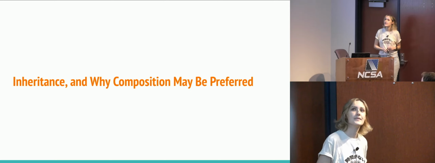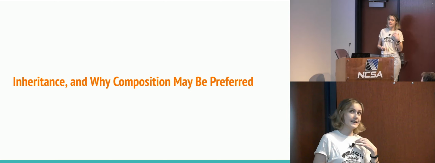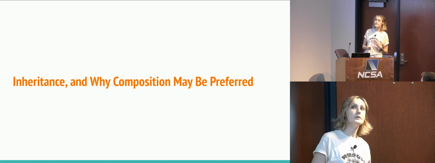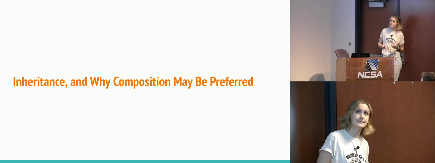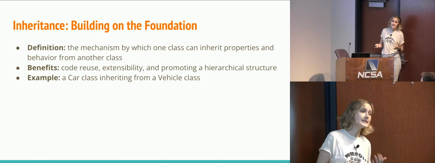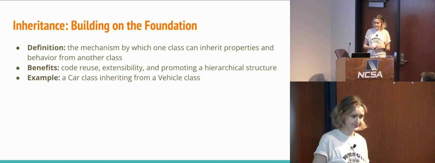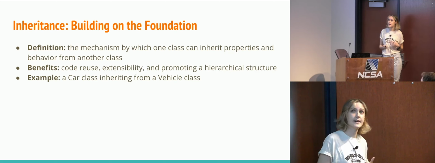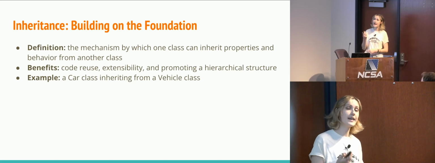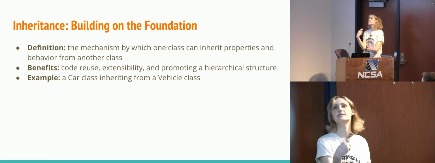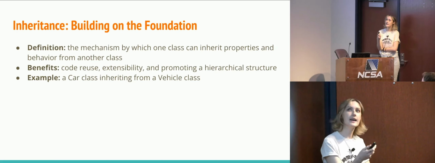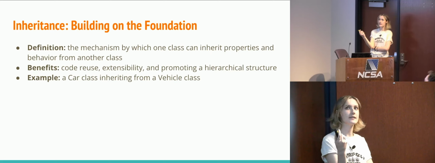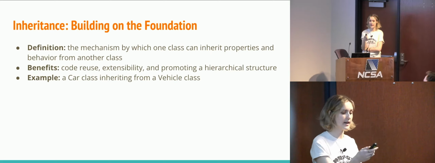Fantastic. All right. So now taking a visit back into inheritance and why we might actually prefer composition. Let's first review inheritance. It is the mechanism by which one class can inherit properties and behaviors from another class. Benefits include code reuse, extensibility, and promoting a hierarchical structure, and we might imagine a car class inheriting from a vehicle class.